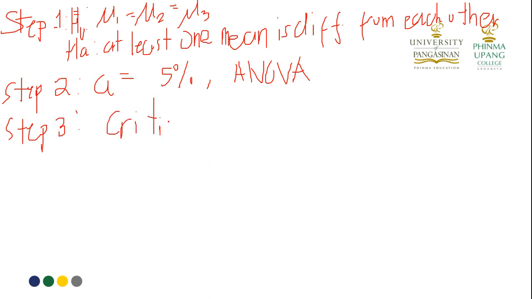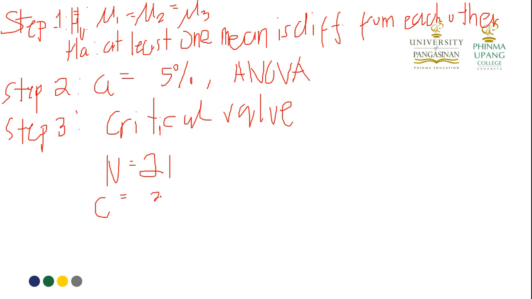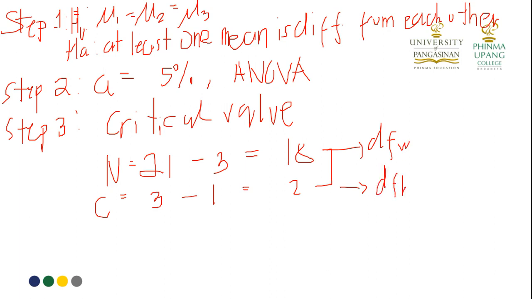Critical. What is the critical value of 5%? What is our N again? N is equal to 21. What is our C? Is 3. Meaning to say 21 minus 3 is 18. And 3 minus 1 is 2. So this is the DF. What is 18? Is it DFB or DFW? DFW. And this is the DFB.